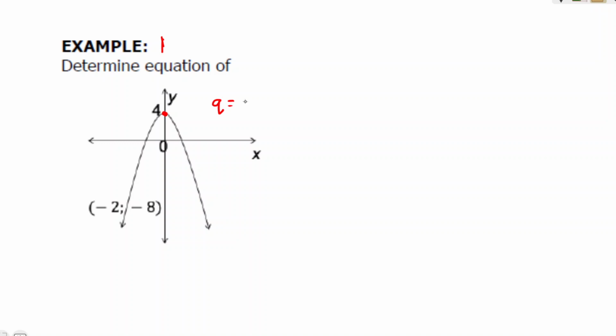You can see this one, it was lifted positive 4 units. In other words, it was lifted up from 0 to 4. So we can see that here Q is positive. The y-intercept is positive 4. Now, they gave us a point on the graph. So this is a point on the graph. So when you are given the turning point, I'll say that Q is the turning point.